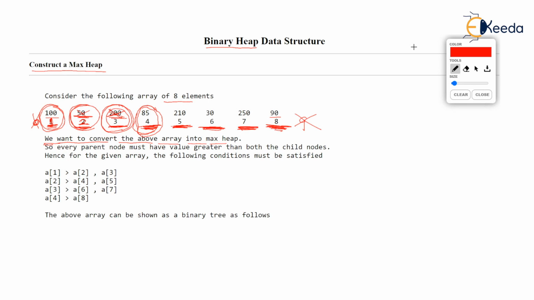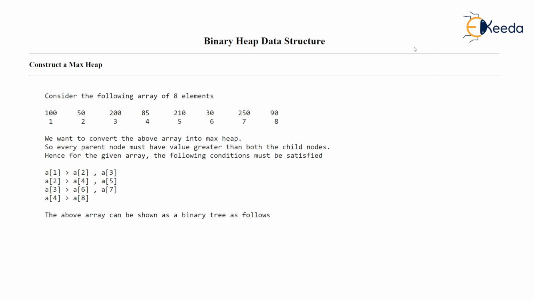So we want this array in the form of a max heap, which means we want to satisfy the following conditions. You note which conditions must be satisfied, as written below. A1, the first element, must be greater than the second and third elements, because the first element is the parent of 2 and 3.